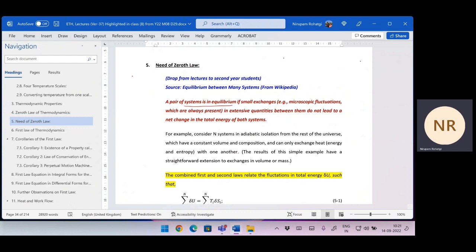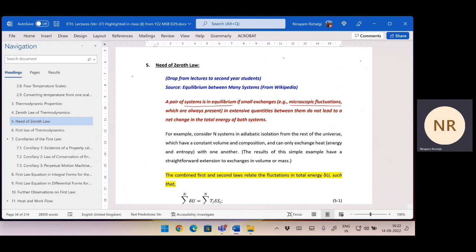Even when you think that no exchange is taking place, everything is interacting with everything else. There is always some interaction. Now what may happen is, when this interaction takes place, there can be microscopic fluctuations.